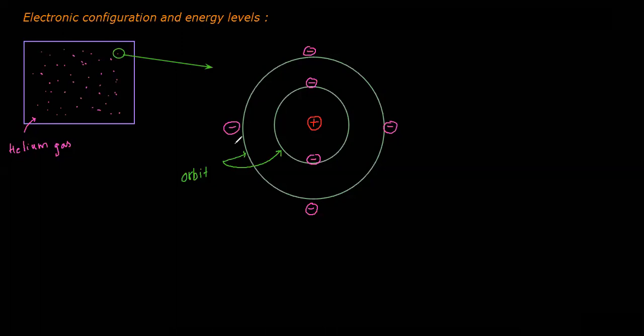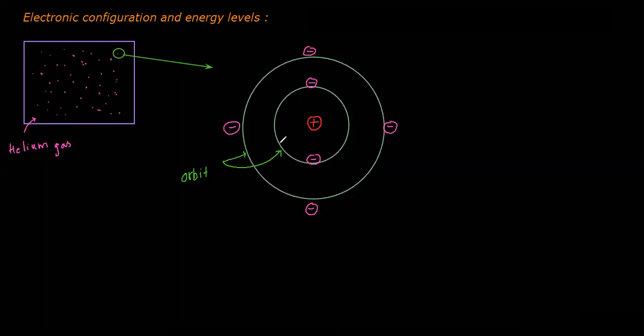For example, here I've taken helium gas, but it can be nitrogen, oxygen, anything. There will be a different number of electrons as well. That doesn't mean the first orbit will have only two electrons, or the second orbit only four electrons. It's nothing like that. This is just for understanding.